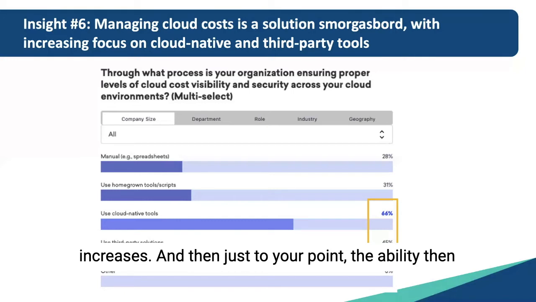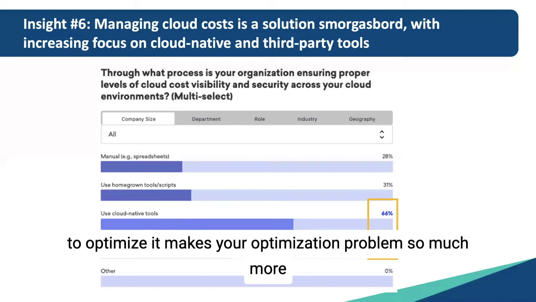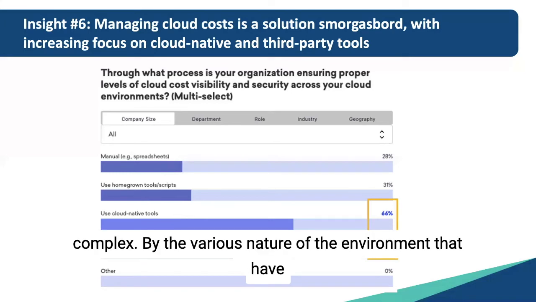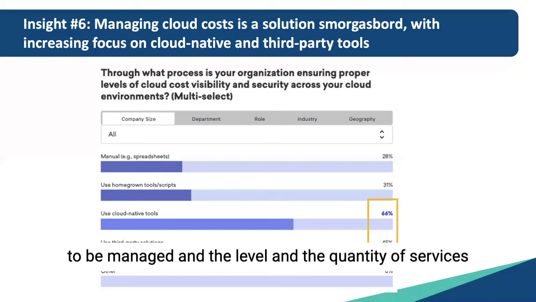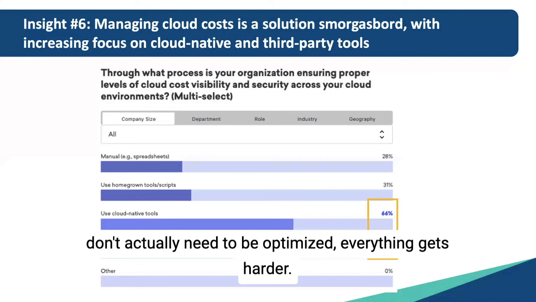Then, to your point, it makes the optimization problem so much more complex, by the various nature of the environments that have to be managed and the quantity of services that need to be optimized. Everything actually gets harder, right?